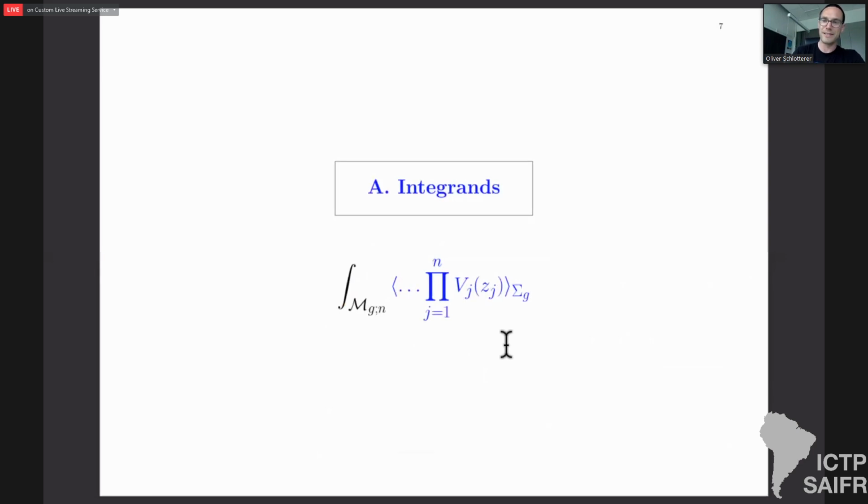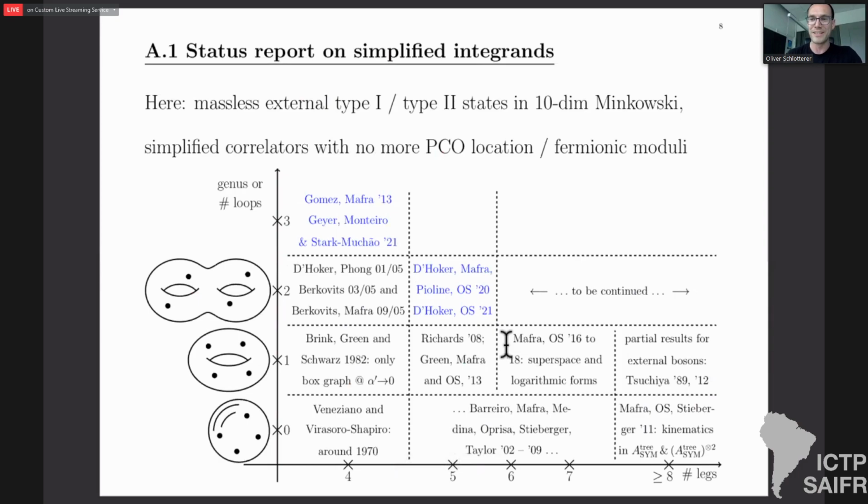So let's start going into new results on the integrand side. Okay, here's an overview slide from which you can see that at tree level and one loop, we are already in pretty good shape. How well we know the massless amplitudes for the type 1 and type 2 superstring. So several disclaimers throughout the talk. It's massless states that I will scatter.